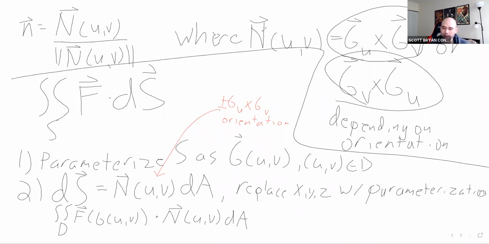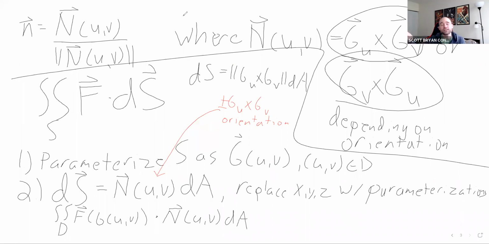But this is exactly the same as what we did for scalar functions, except there, for scalar functions, d capital S was magnitude gu cross gv dA. Now we're just taking away the magnitude, and we need to be mindful of the orientation.